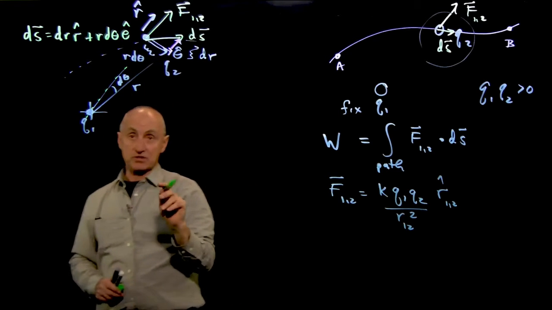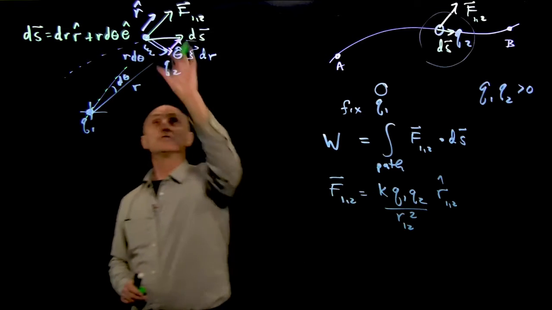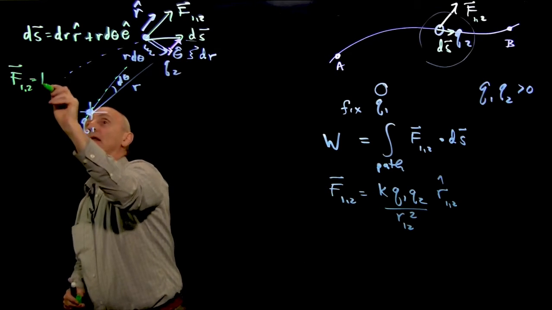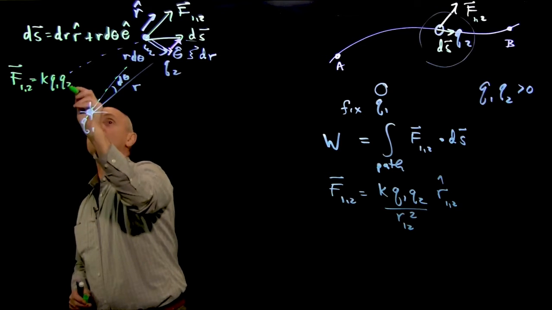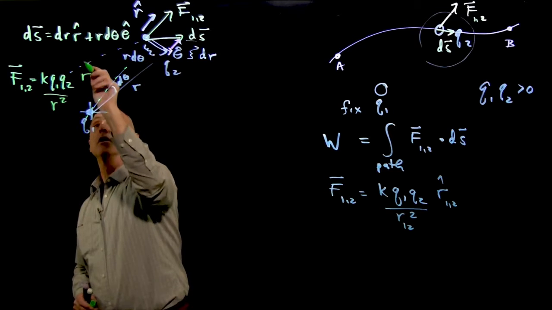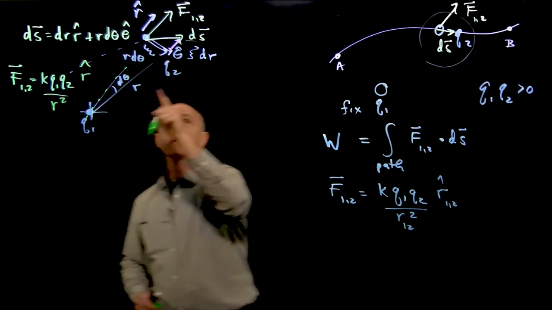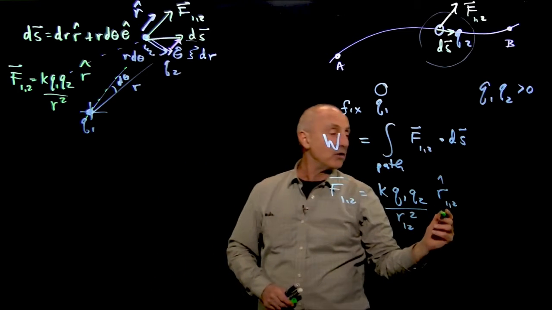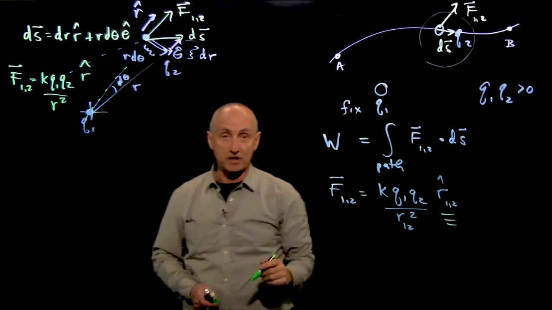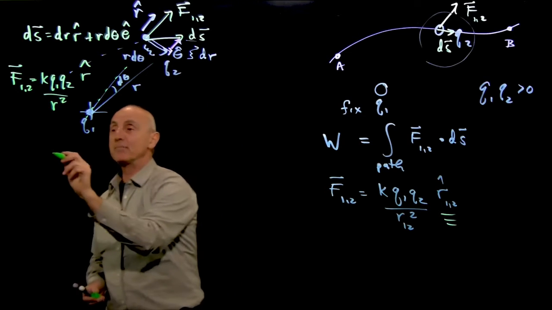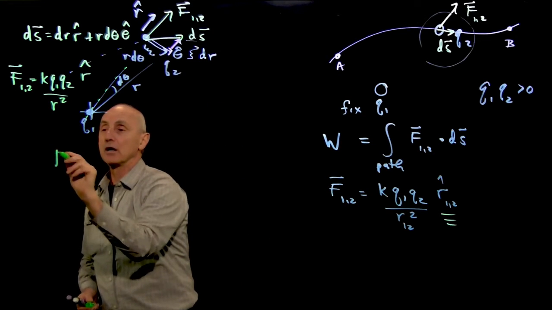Now, in this coordinate system, the force is radial, so we'll write that as k q1 q2. We're a distance r from the origin, so there's r squared, r hat. Now, this r hat is very specifically the radial unit vector, whereas this was a more abstract vector talking about the interaction. So the next step is simply to calculate the dot product.